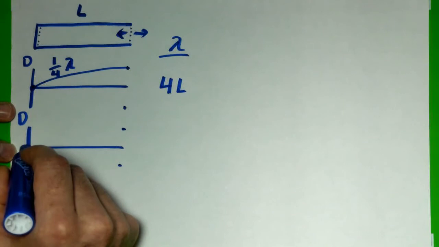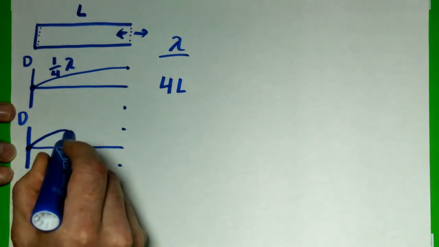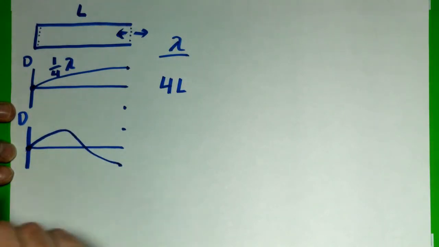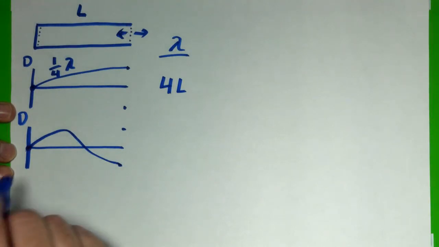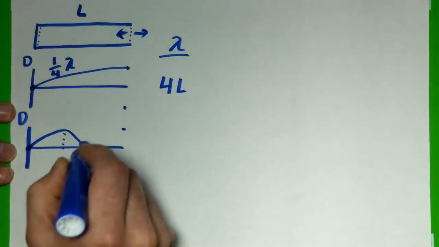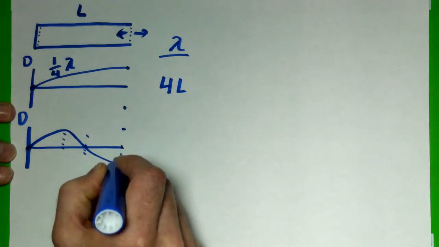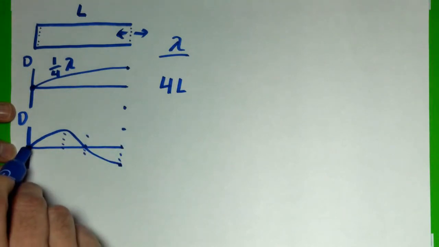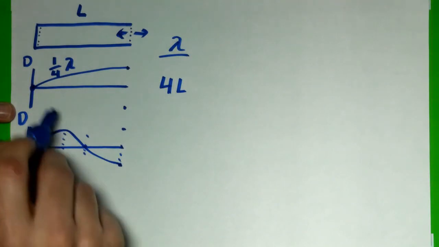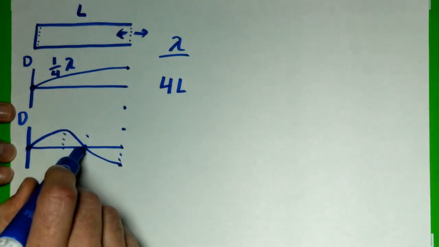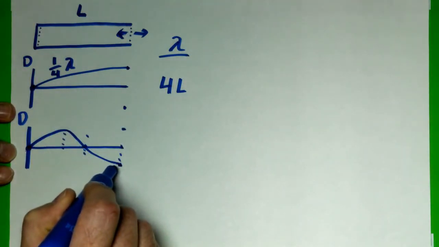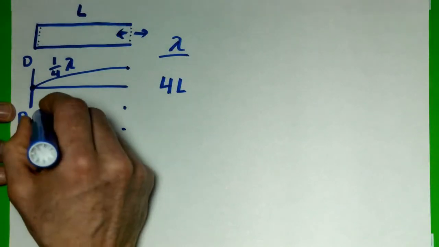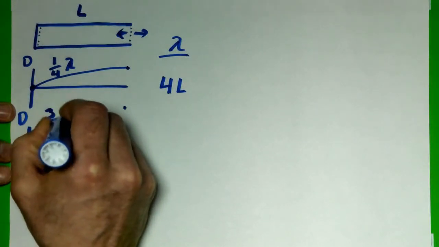Well, I can go up and then down. And the question is, what fraction of a wavelength is that? I'm going to just draw that, and I can see that that is 1/4 of a wavelength, like I had up here. Here's 2/4, and here's 3/4. So this is 3/4 of a wavelength.